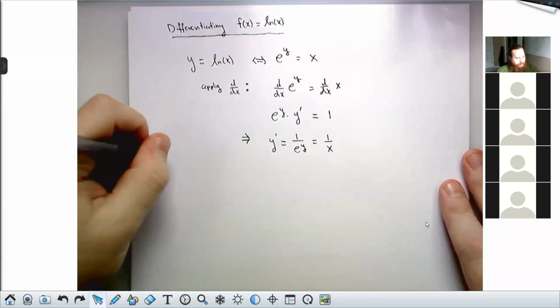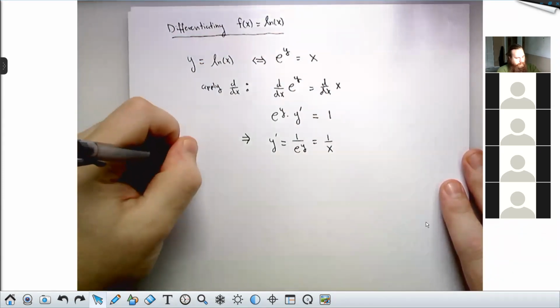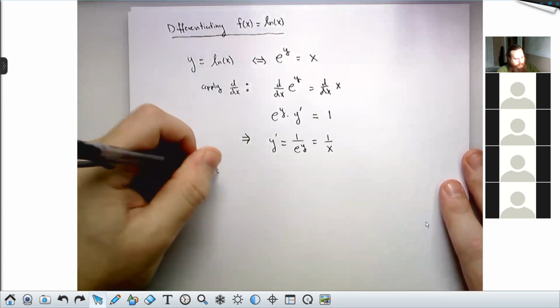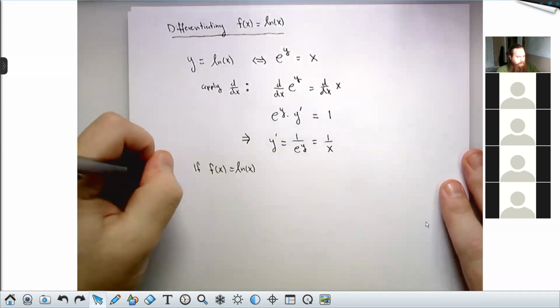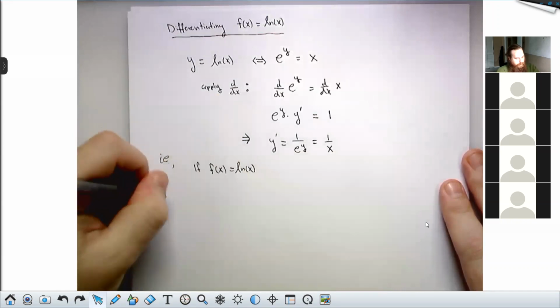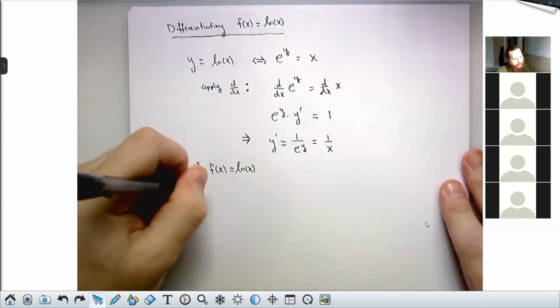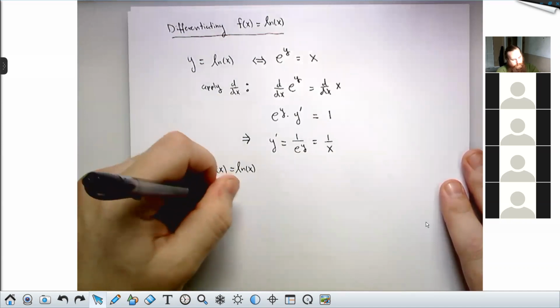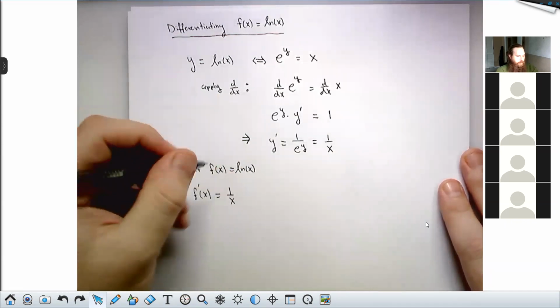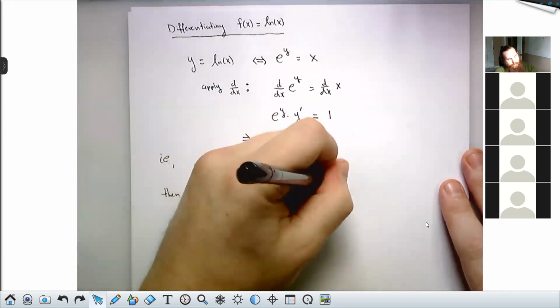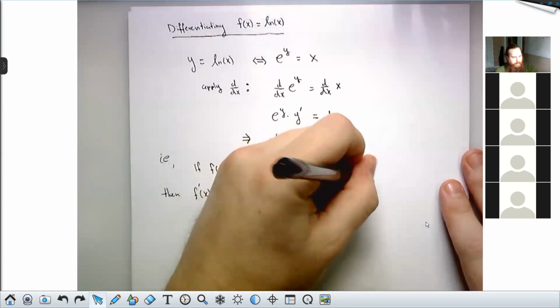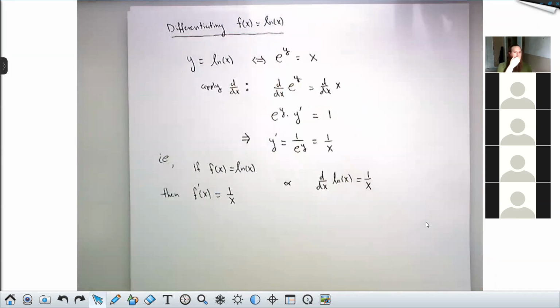In other words, if f of x equals ln x, then f prime of x is 1 over x. Or another way to say this is that d/dx of ln x is 1 over x. The derivative of the natural log of x is 1 over x.